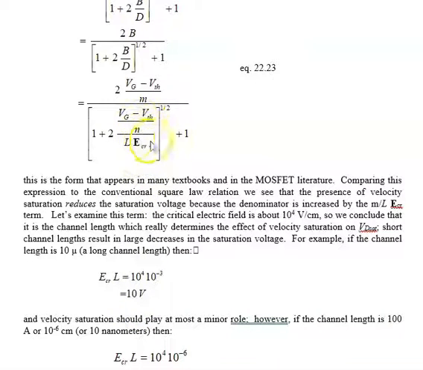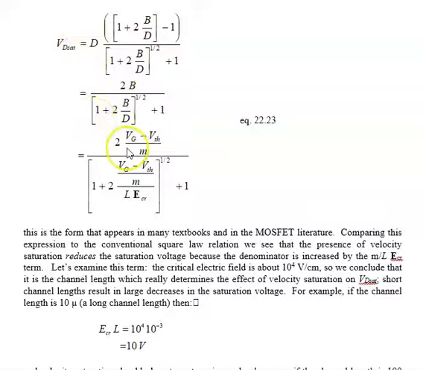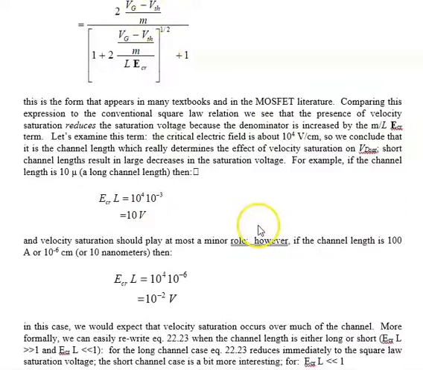So if we have 10 here, and this term here is generally going to be much, much smaller than that, on the range of 0.1, maybe 1 at the most, this term will be quite small, and our VD sat will be the conventional VD sat.